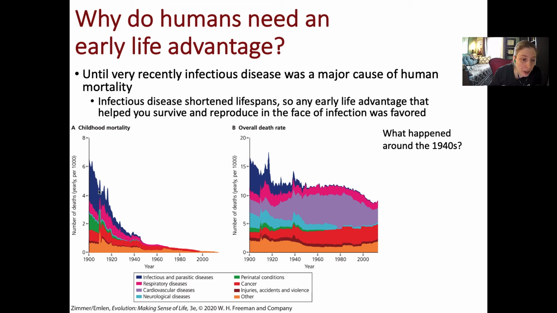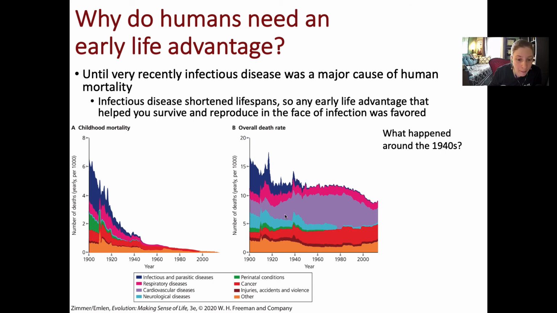Over time, that blue line has basically gone to zero. Children are making it out of childhood, very low childhood mortality these days. And across all people, infectious disease is no longer a major killer. Instead, we have things like cardiovascular disease in purple, respiratory diseases in pink, cancer in red.